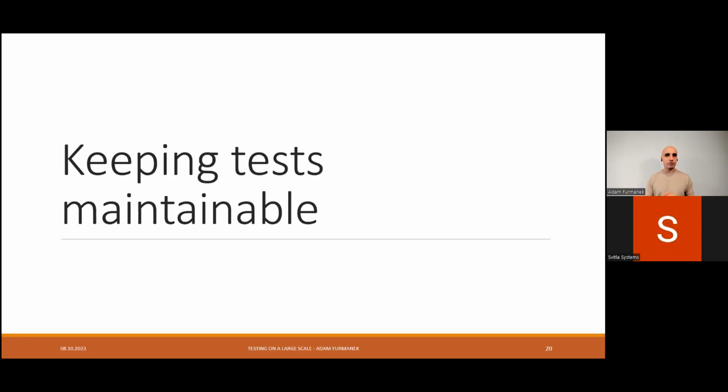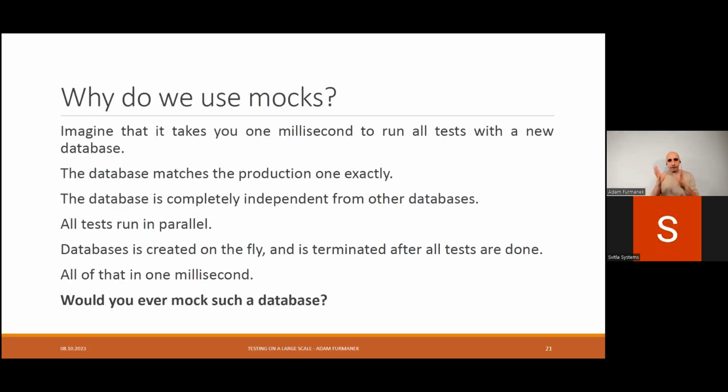I guess most of you already know that, but I want to emphasize that you should try applying those principles whenever you can. So the very first thing, before even seeing the code, is why do we use mocks? We use mocks like Mockito, but also mocks like in-memory databases that are not production pieces. Why do we use them? Imagine a situation where you can run all your tests in basically no time with production components, production databases, production queues, service buses.